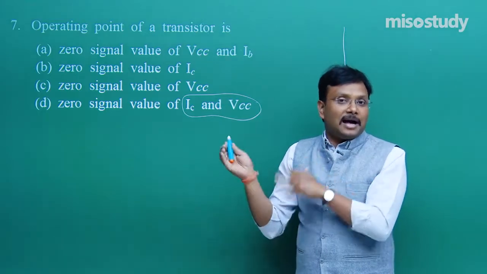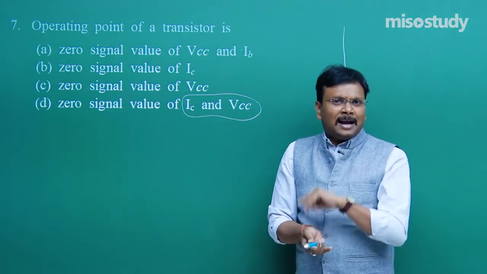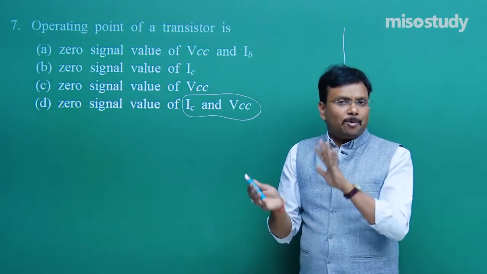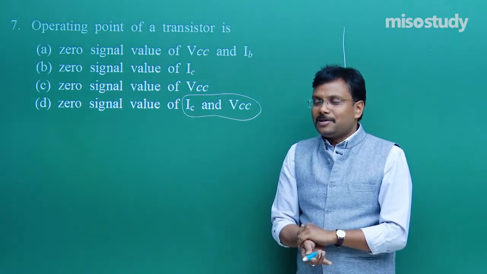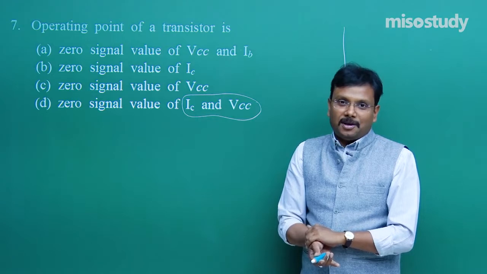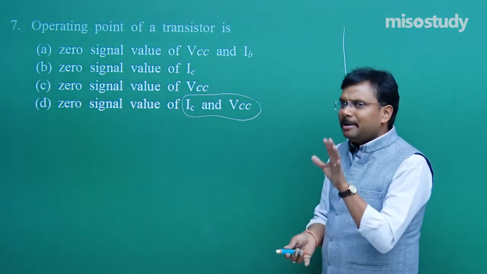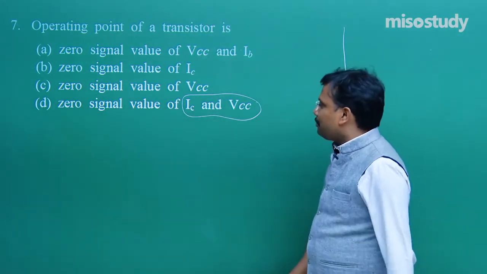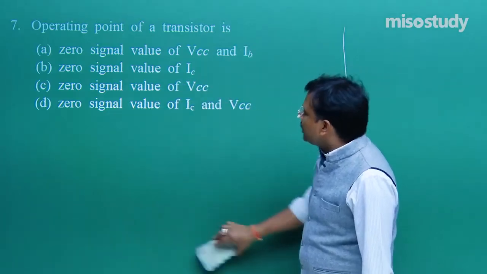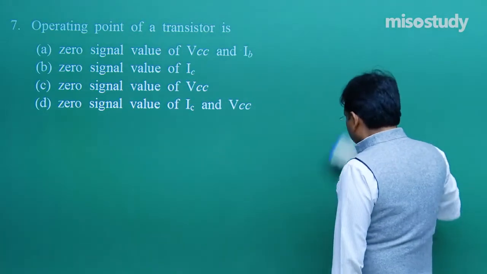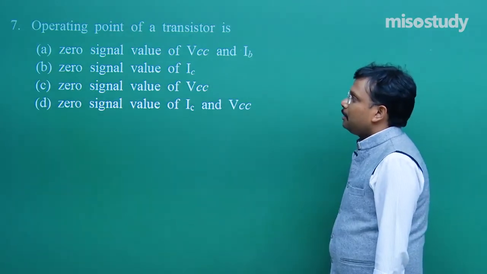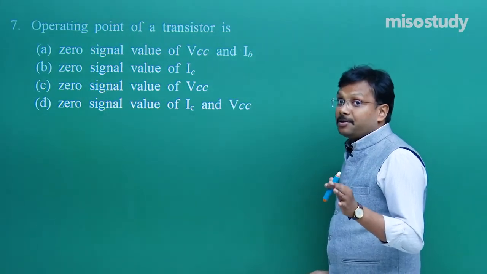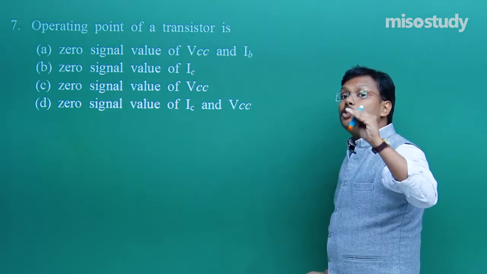IV characteristics I explained, but if I ask a question based upon IV characteristics, is it possible for you to answer that? You will say, no sir, I need some revision. Fine. So ultimately this is the truth and you have to accept it and try to change your approach. Because these simple questions will definitely help you score very good marks, and that's why you can ensure a better rank.